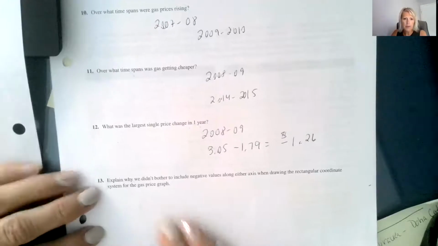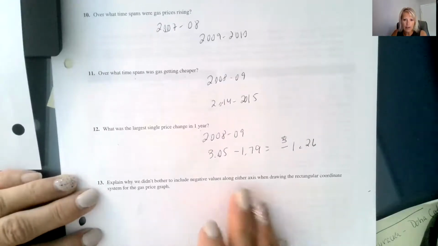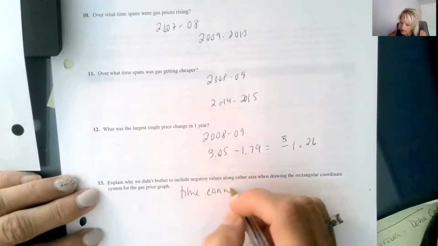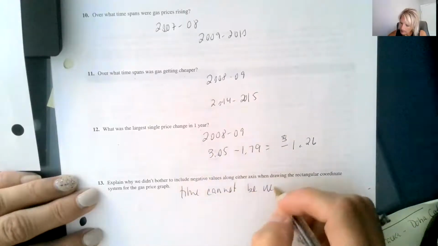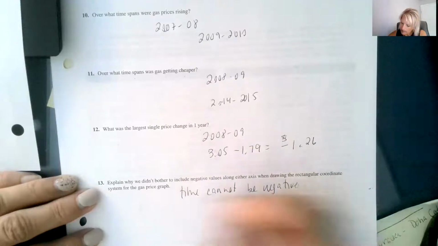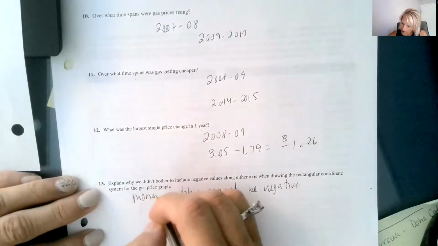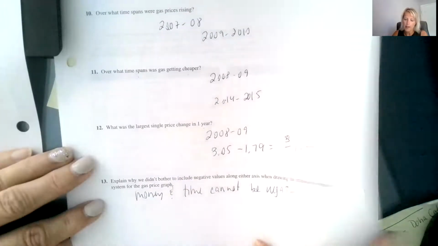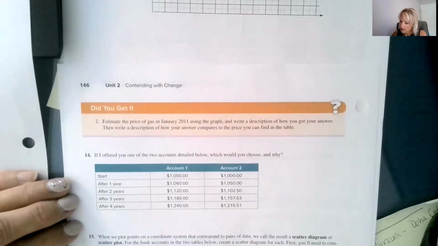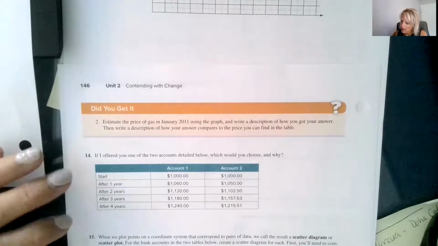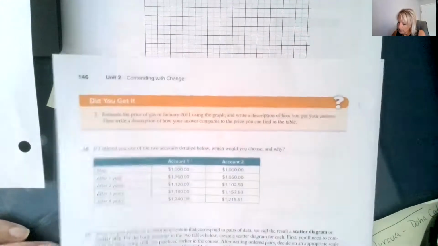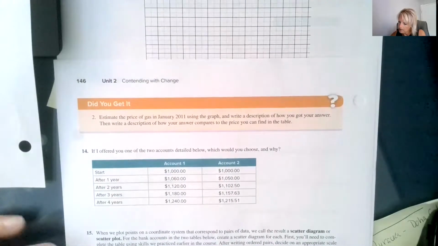And 13 says, explain why we didn't bother to include negative values along either axis. Time cannot be negative. Money cannot be negative either. So money and time cannot be negative. There are some other questions here, 14 through 18, that I will do on a second video.